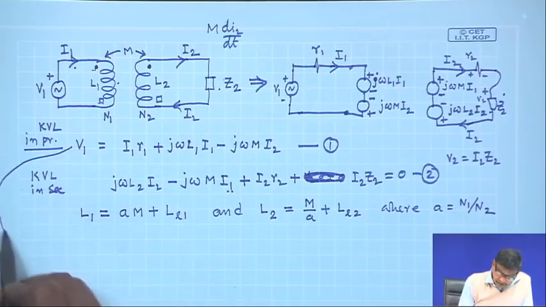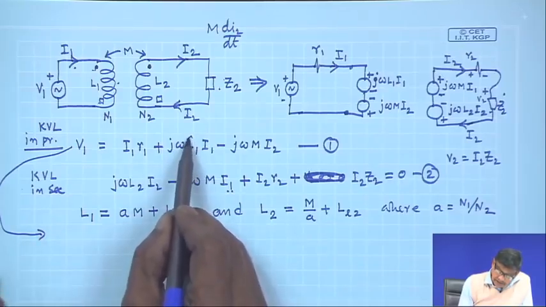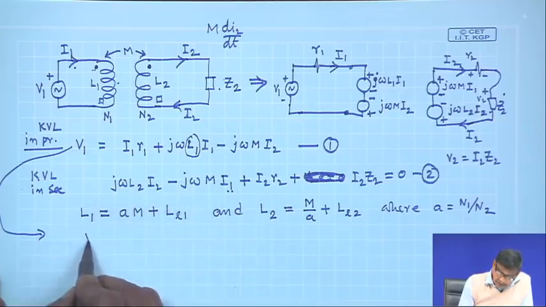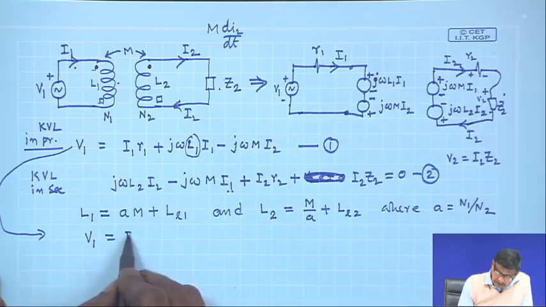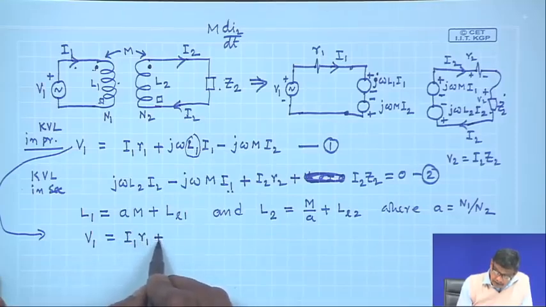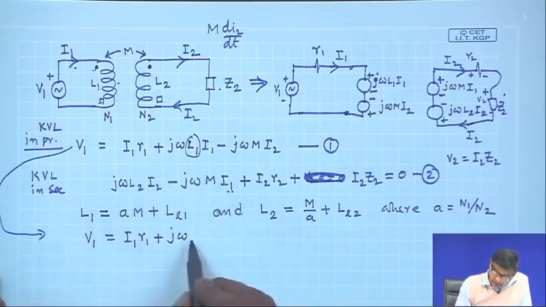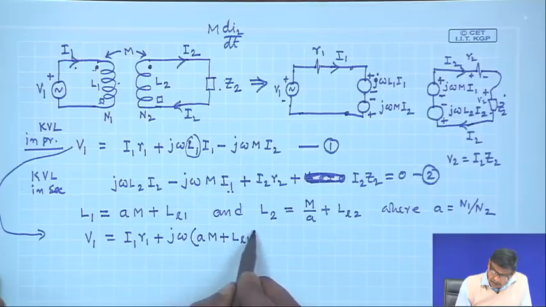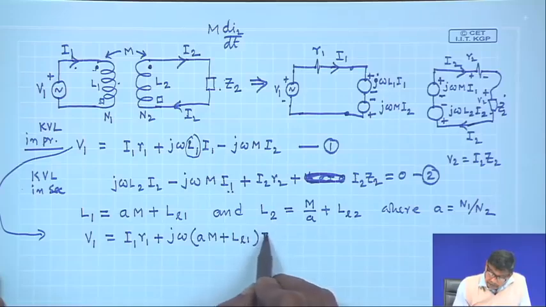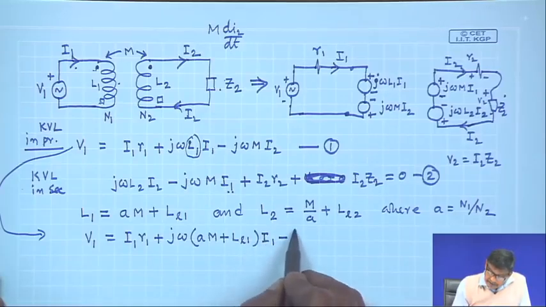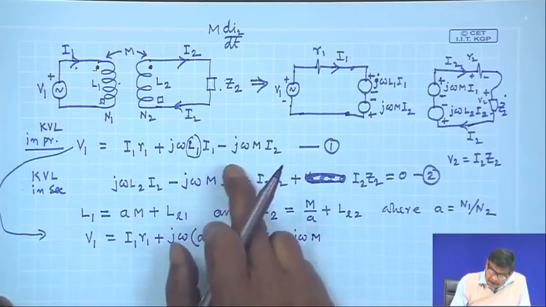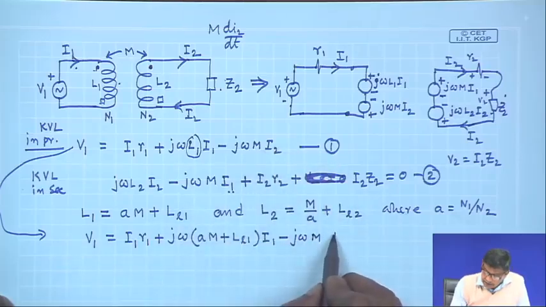So, let us take the first equation, and for this L 1 we will now put this expression, that is V 1 applied voltage is equal to resistance drop I 1 R 1 plus j omega. For capital L 1 I will write A M plus L L 1 into I 1 and minus j omega M I 2.